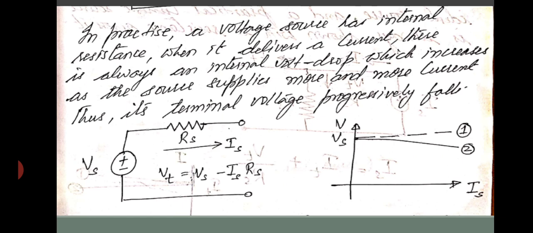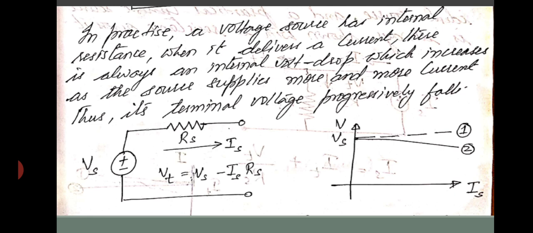And from the graph, it is clear that the ideal source has no losses from graph 1, whereas in the case of the practical voltage source, there is a drop in the voltage level. So this is with respect to the concept of ideal and practical voltage sources.